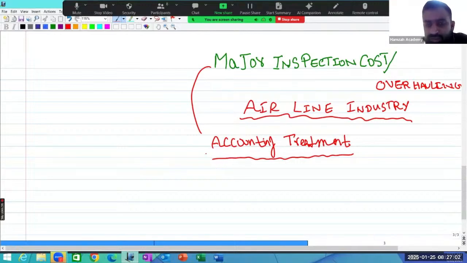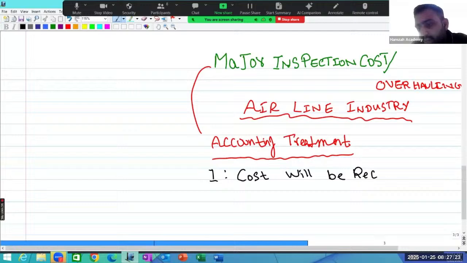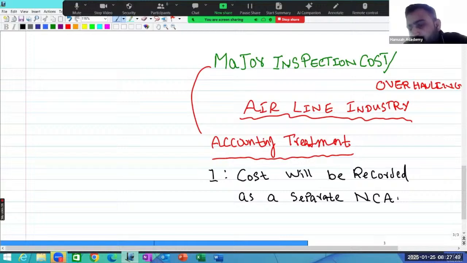Now, the treatment is, number one, the cost will be recorded as a separate non-current asset.